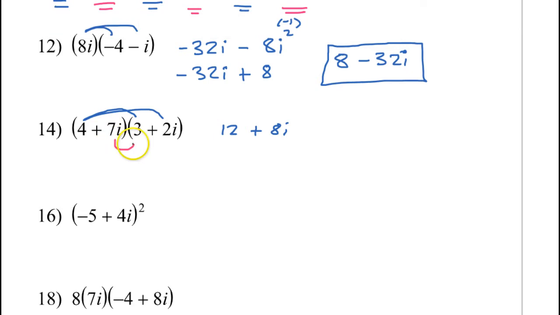Okay, and then I distribute the 7i. 7i times 3 is 21i. 7i times 2i is 14i squared, that's i times i, so I get i squared. Remember that i squared is really negative 1, so that means this is really negative 14. Okay, so that's what I really have.